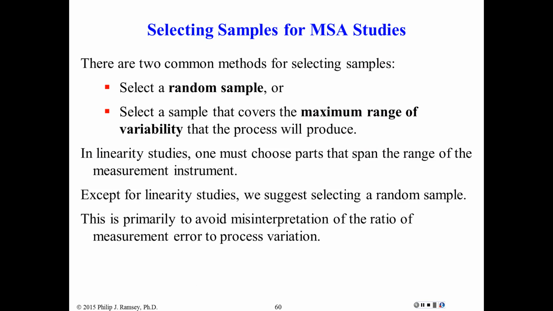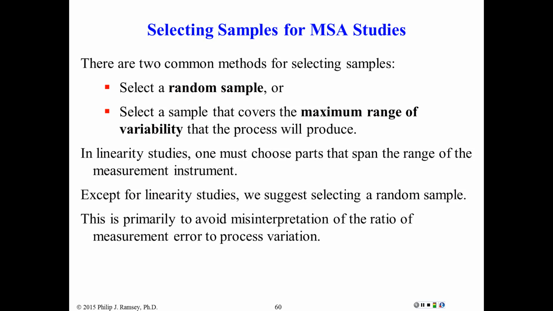And then there's another quick issue to discuss, and that is, if we're going to do a gauge study, how do we select the units or parts? One theory says take a random sample of whatever's available. This is often a recommendation. The other says no, you should pick the samples so they cover the maximum range of variability you would expect to see in practice.